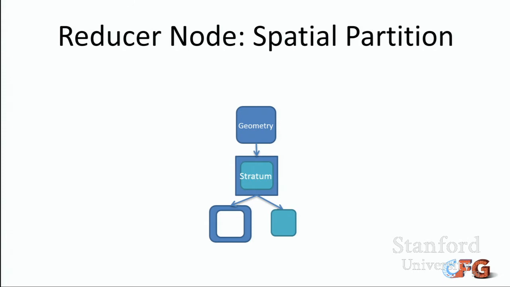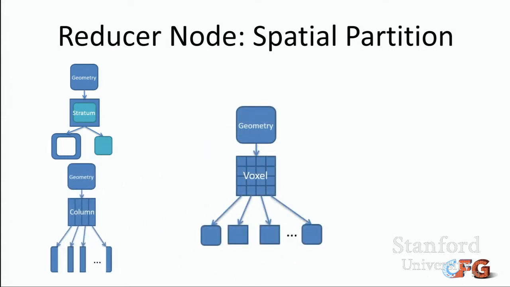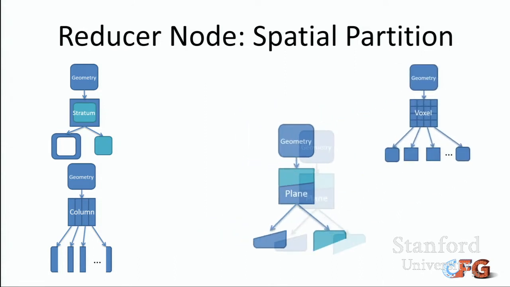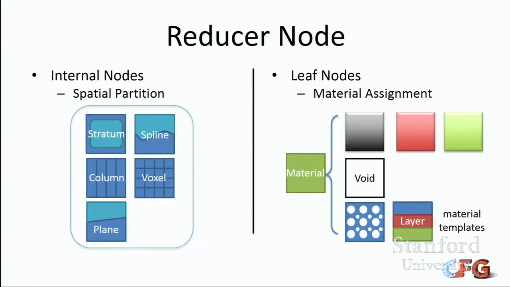This node takes arbitrary geometry and decomposes it into the outer shell and the inner core. We can subdivide this geometry using, for example, columns, lower-resolution voxel grids, planes, or some spline surface. The leaf nodes can provide material assignment, and one of these material assignments can also be a void material. They can also be parameterized material structures.